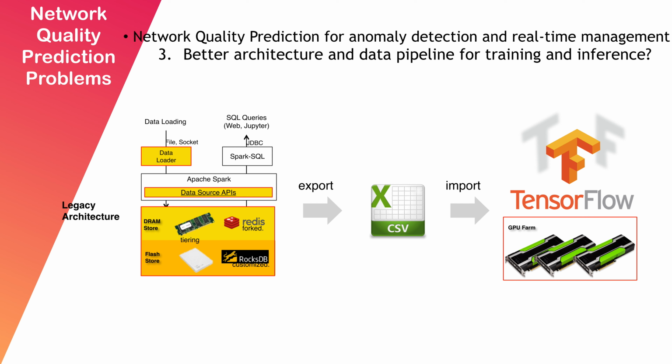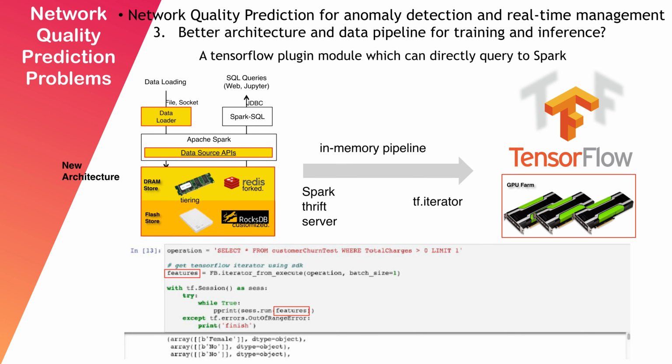So we developed a new data pipeline where the data can be iteratively delivered from the Spark 3 server to TensorFlow directly in memory. We developed a new TensorFlow plugin module that can iteratively query Spark as much as it needs for training and directly retrieve the results from the Spark 3 server. We can share more details about the plugin module and code examples in the Spark AI Summit.